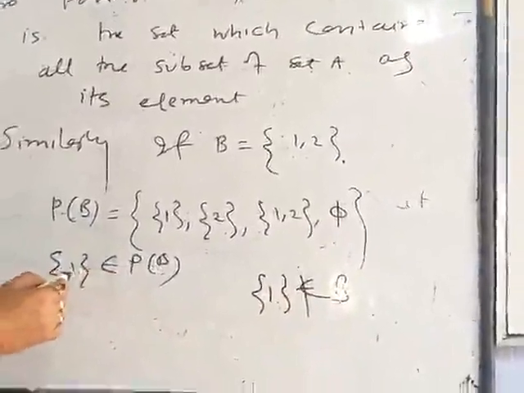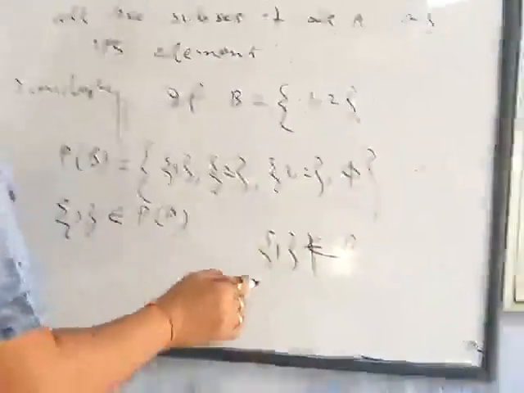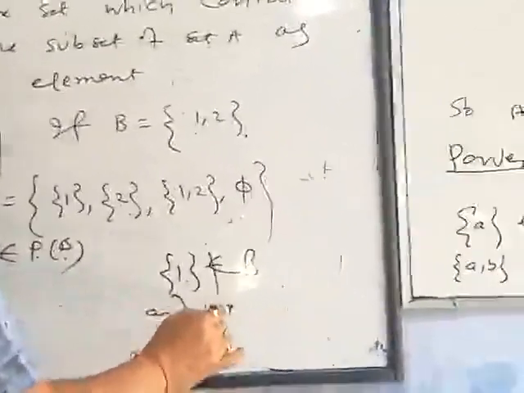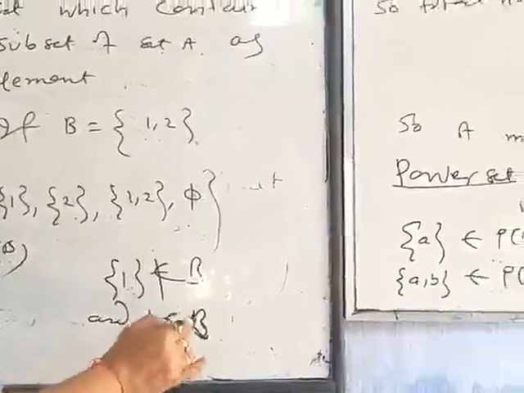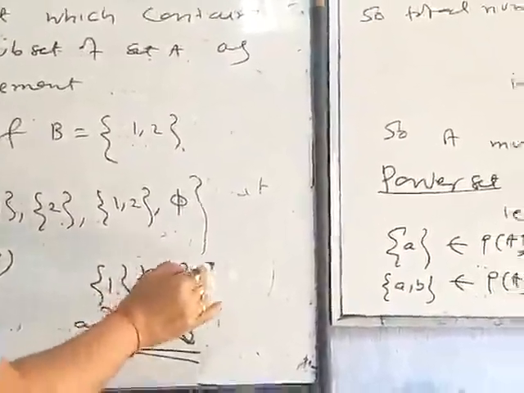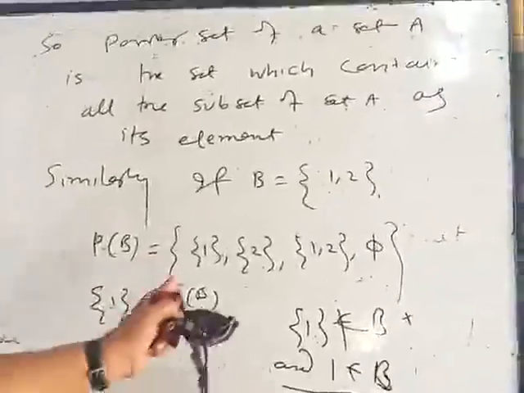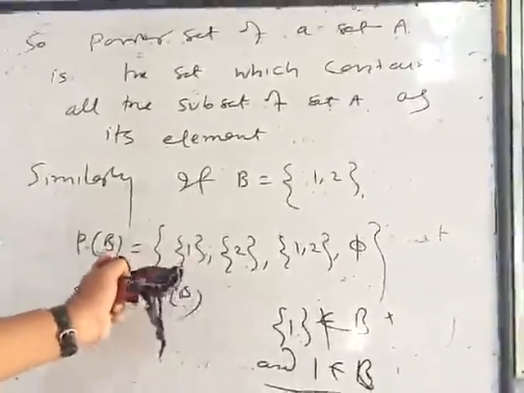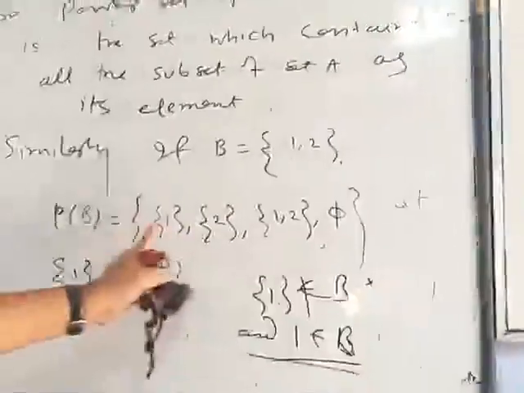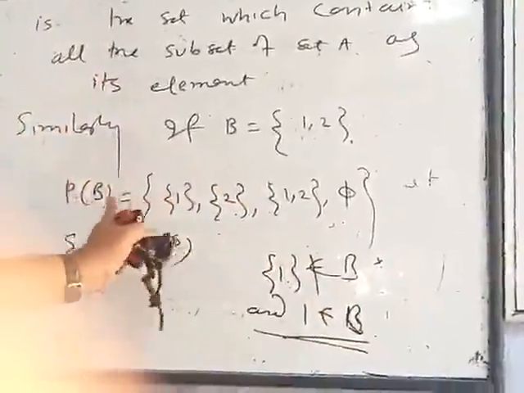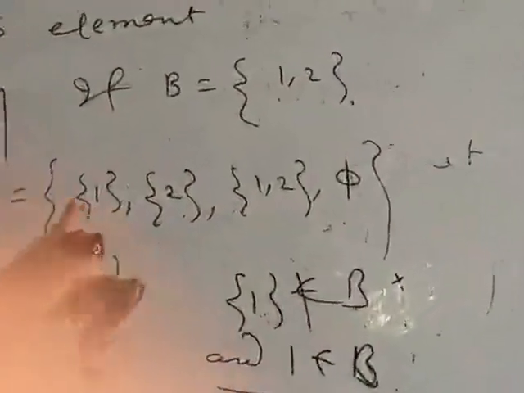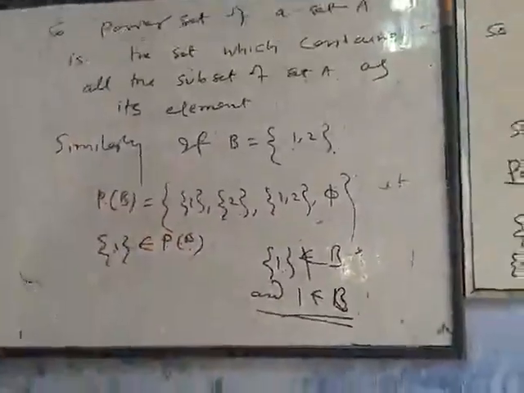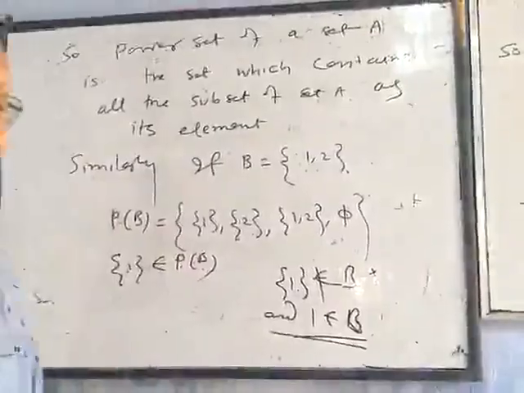So {1} belongs to P(B) and 1 belongs to B, we can write. 1 belongs to B is correct, but {1} belonging to B is not correct. So a power set has elements that are subsets of B. For the power set of C, the elements will be subsets of C. This is the concept of power set. Right?